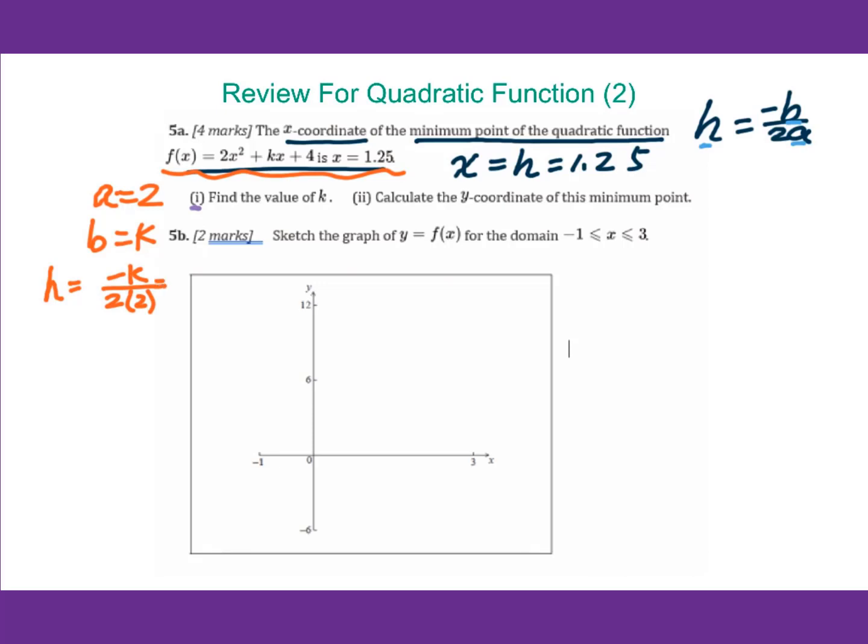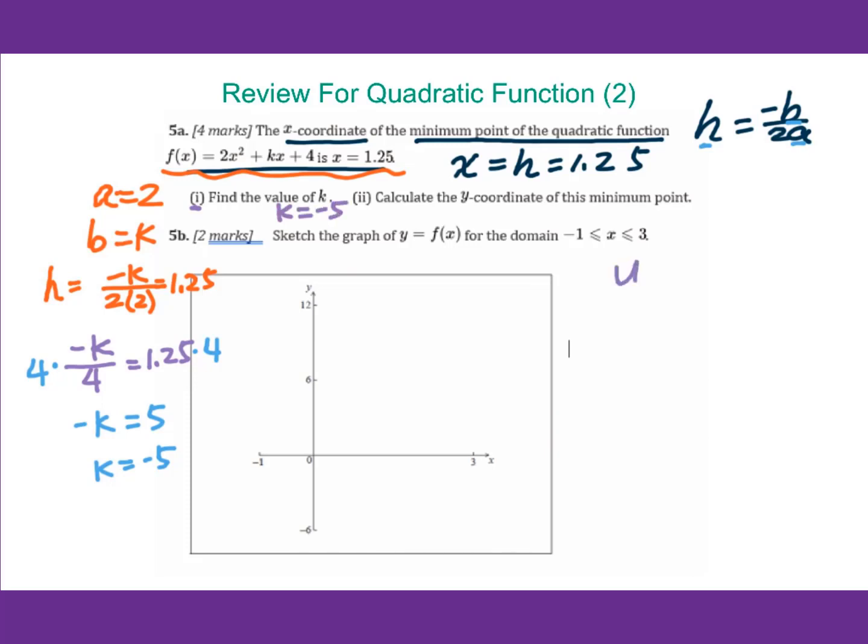That equals 1.25. Therefore, negative k over 4 equals 1.25. We multiply by 4 both sides. You will get negative k equals 5. K equals negative 5. So we have k equals negative 5.